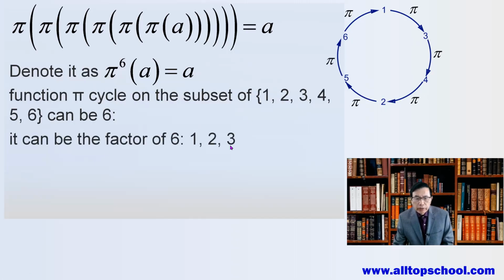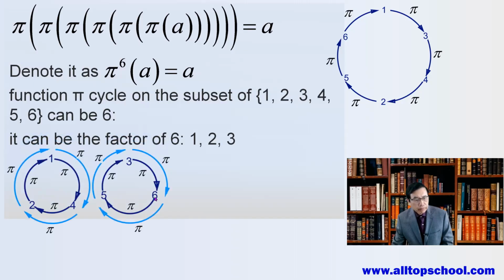The cycle length can also be a factor of 6, which can be 1, 2, or 3: cycle 1, cycle 2, or cycle 3. Here is an example. I'm going to put 1, 2, and 4 in one group, and 3, 5, 6 in the other group. These three values cycle on themselves.